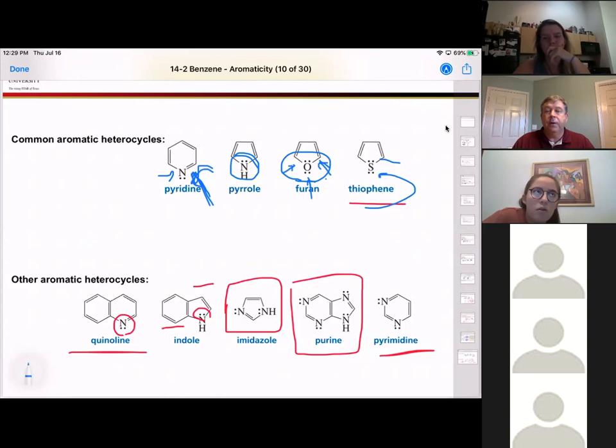The reason nitrogen bonds 3 times is the fact that it has 5 valence electrons. It only needs 3 more to make its octet. That's why nitrogen typically bonds 3 times. Oxygen has 6 valence electrons, and therefore it only needs to bond twice to fill its octet.